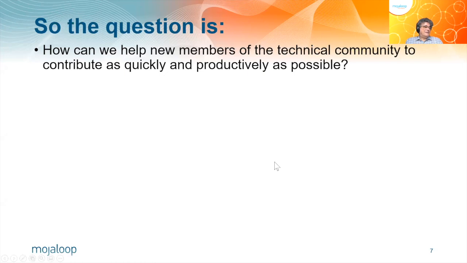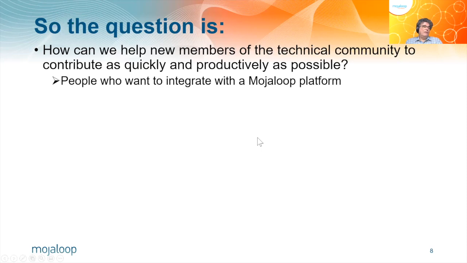So the question, as I said before, is how can we help new members of the technical community to contribute as quickly and productively as they possibly can? Well, there are, first of all, people who want to integrate with a Mojaloop platform.